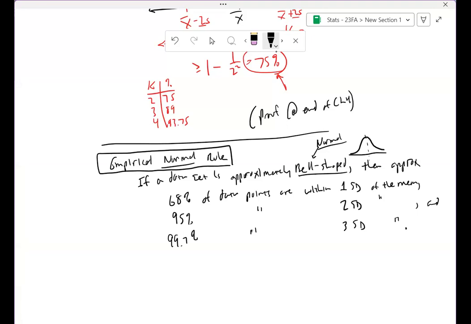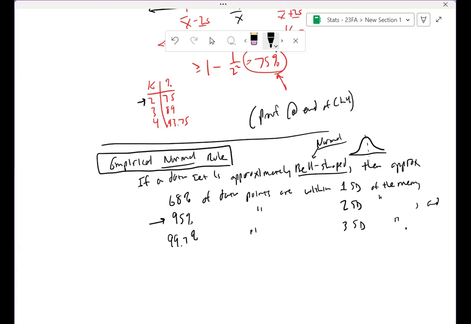So Chebyshev applies to all distributions, and it guarantees that at least 75% of data points will be within 2 standard deviations of the mean. But for reasonably nicely behaved distributions, we see that it's really about 95% of our data points that'll be within 2 standard deviations of the mean.